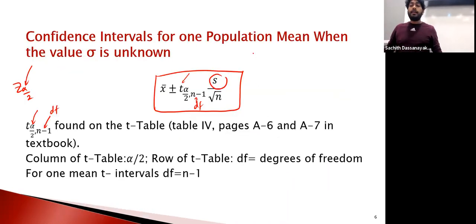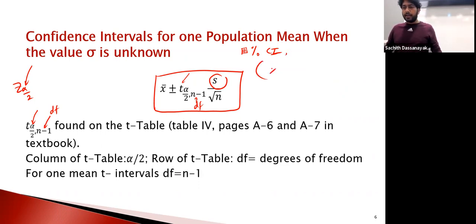So this is how we find the confidence interval. Let's say whatever percent confidence interval for mu, the population mean.